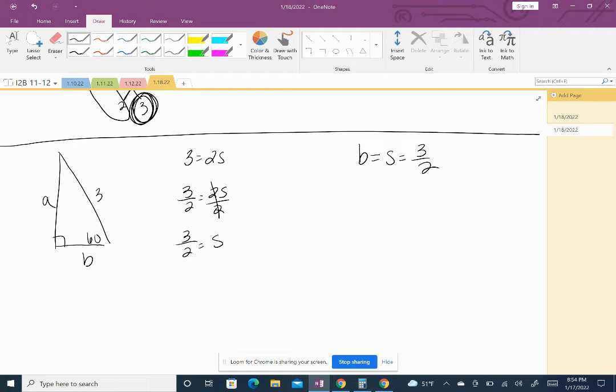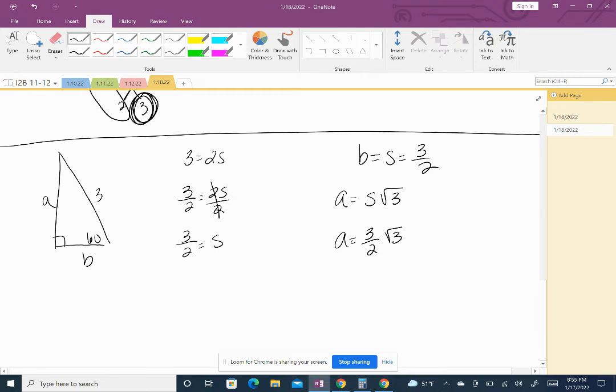But just based off this form, there's really not much else we can do, right? So a is equal to s square root of 3. Let me double check. Yeah, square root of 3. Okay, so there's nothing really to change. So we're just going to have a is equal to 3 halves square root of 3.